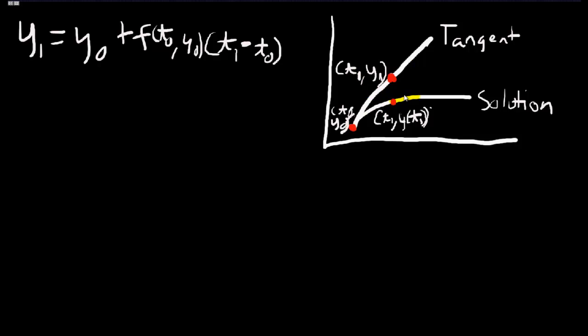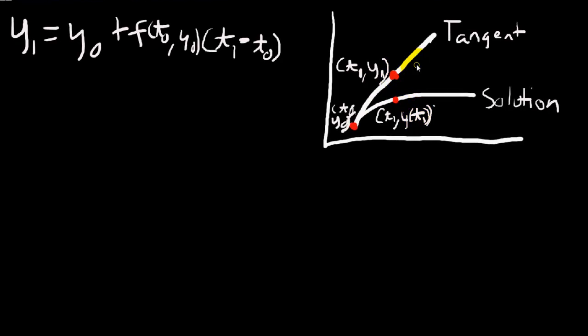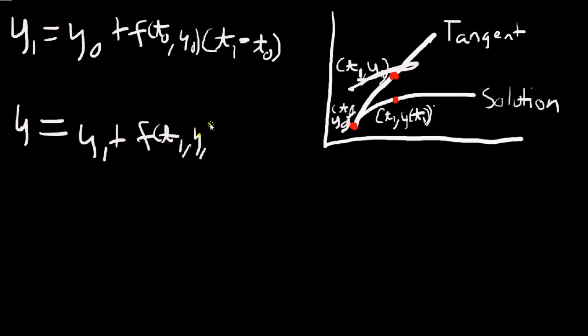So now at the point that we're trying to find, we'll make our second tangent line, which will go through (t1, y1), and we'll have the slope f of (t1, y1). This will come out in the equation to be y equals y1 plus f of (t sub 1, y sub 1) times (t2 minus t1), where t2 is a point over here.